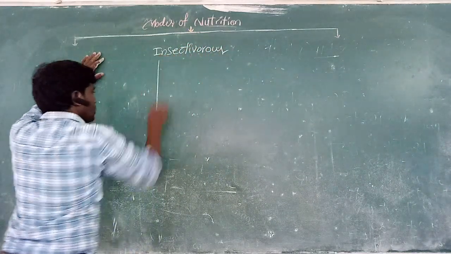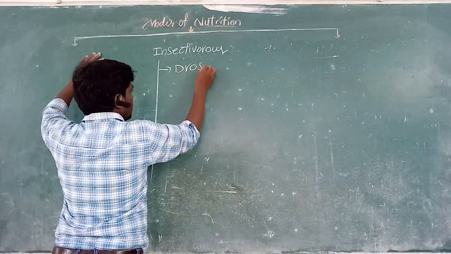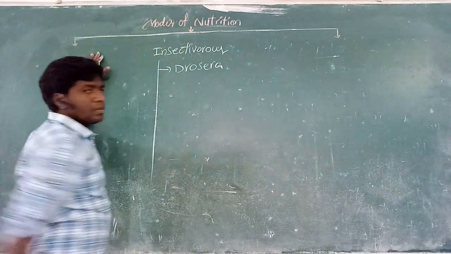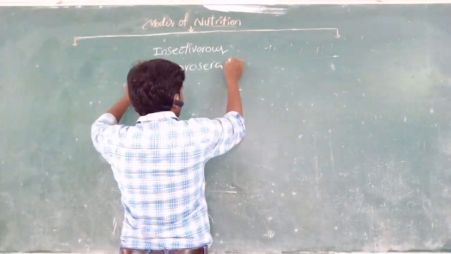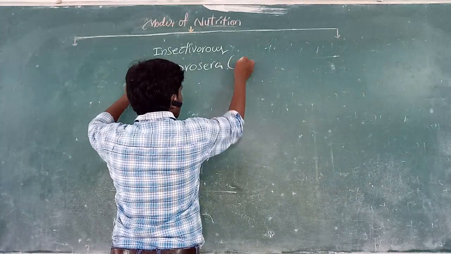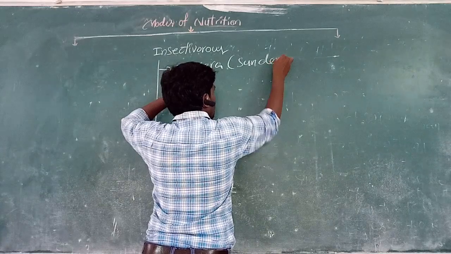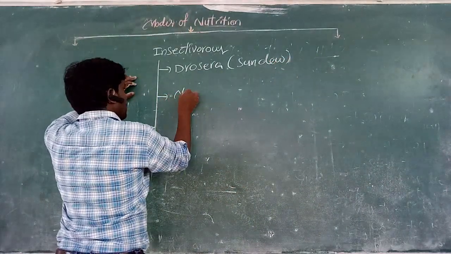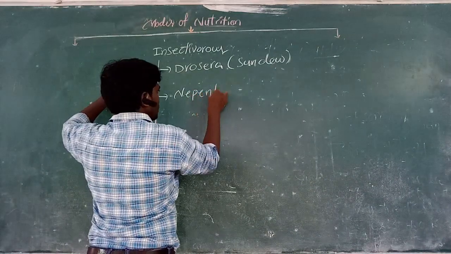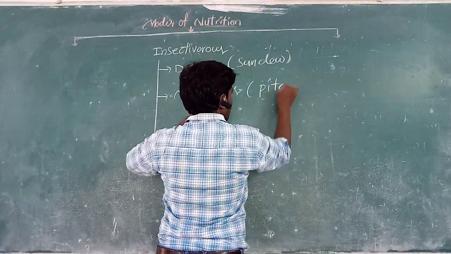The first one is Drosera, whose common name is Sundew. Nepenthes is the pitcher plant.